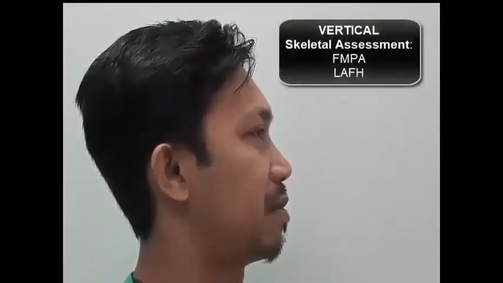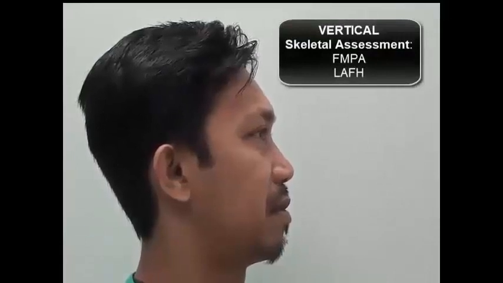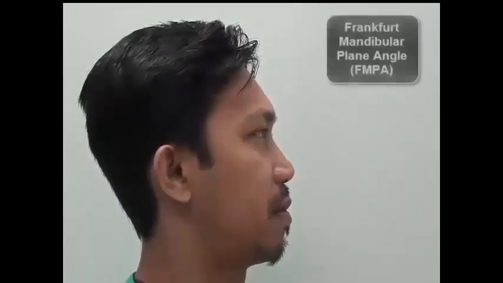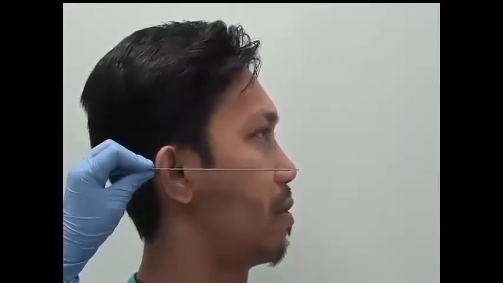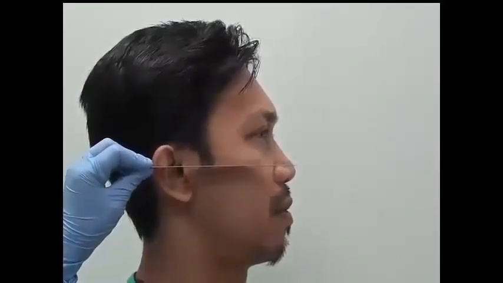Vertically, there are two assessments. First is Frankfurt-Mandibular Plane Angle Assessment, and number 2 is Lower Anterior Face Height Assessment. For Frankfurt-Mandibular Plane Angle Assessment, first ensure that the patient is in a natural head position. Then take a ruler, identify the Frankfurt plane.